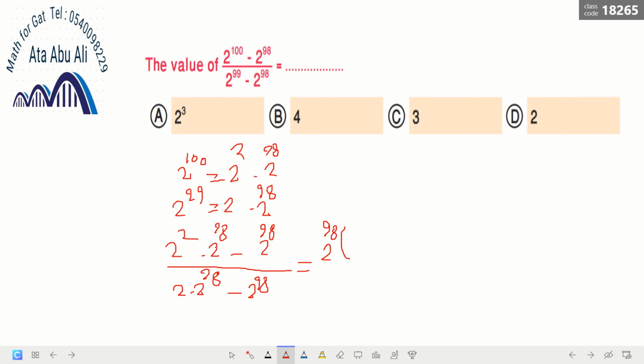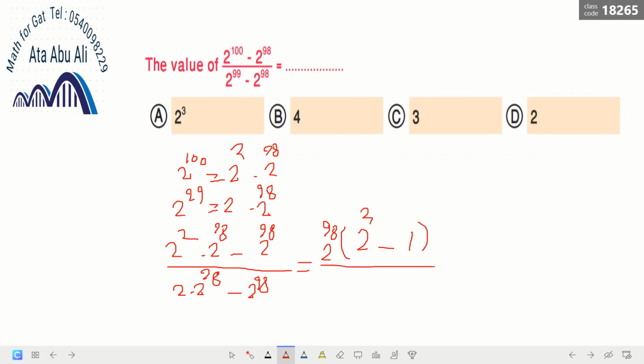If you divide 2 to the power of 98 times 2 to the power of 2 by 2 to the power of 98, it is still 2 to the power of 2, minus, if we divide 2 to the power of 98 by 2 to the power of 98, it's equal to 1.